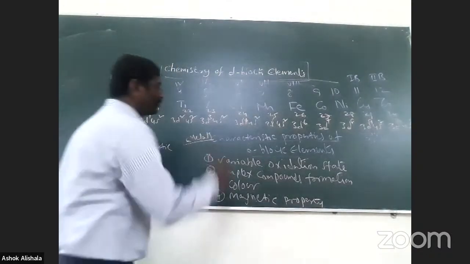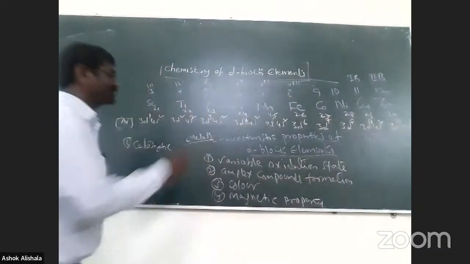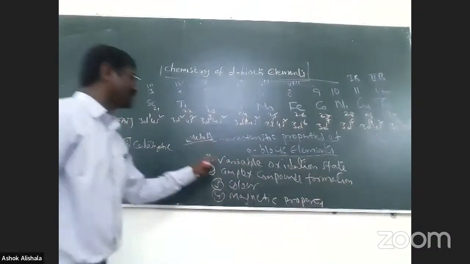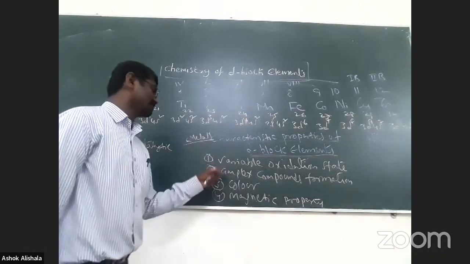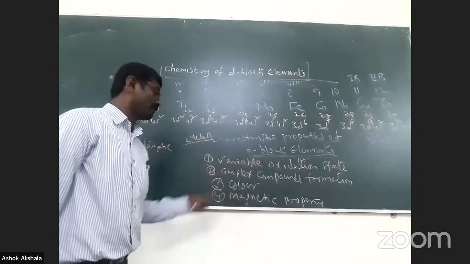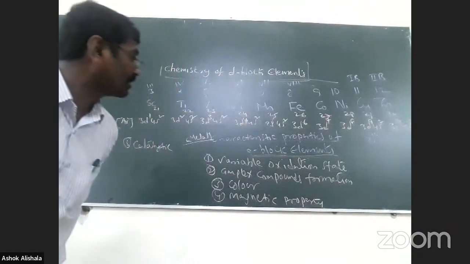All these. So for our discussion purpose, we will discuss these characteristic properties of the d block elements. One is the variable oxidation state. Later on, we may discuss complex compound formation, the color properties of these compounds, magnetic property, electrical conductivity, catalytic property. Is it okay?